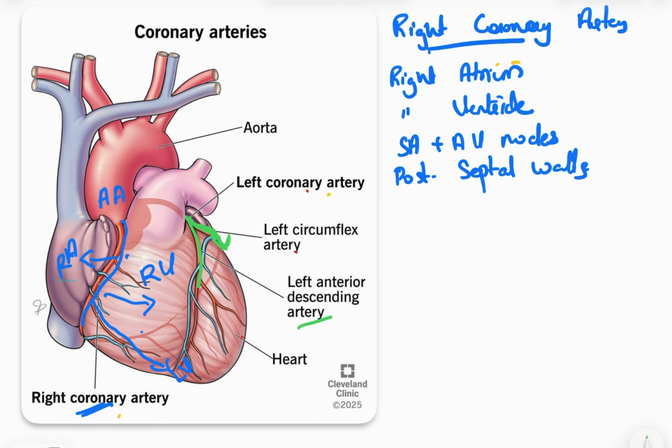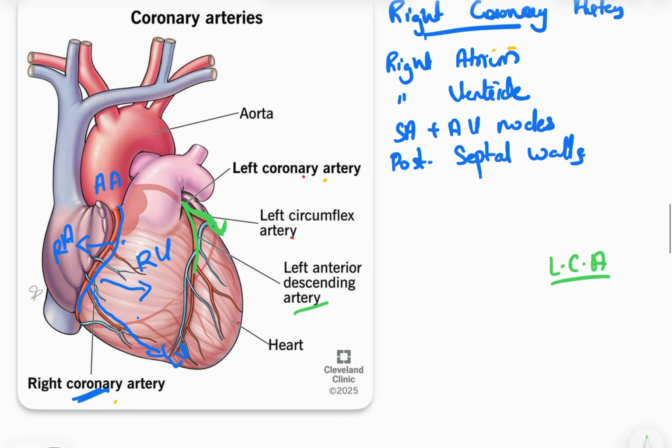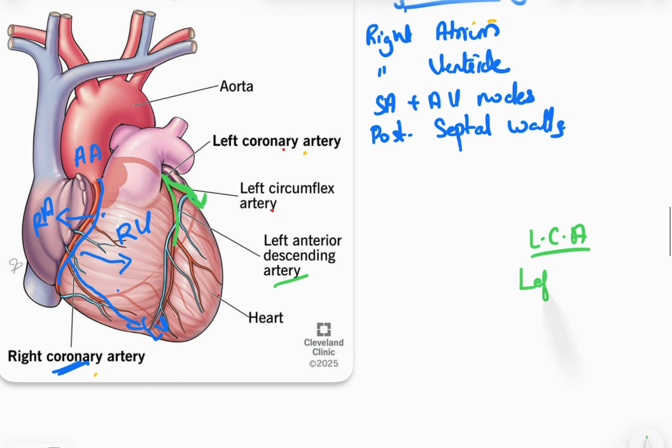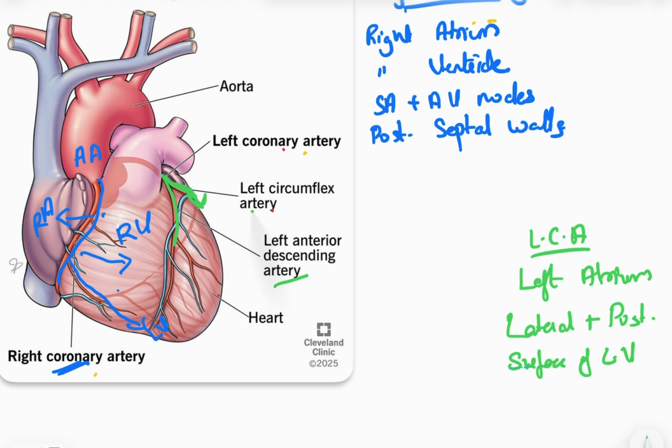So the left circumflex artery supplies blood to the left atrium and the lateral and posterior surface of the left ventricle.